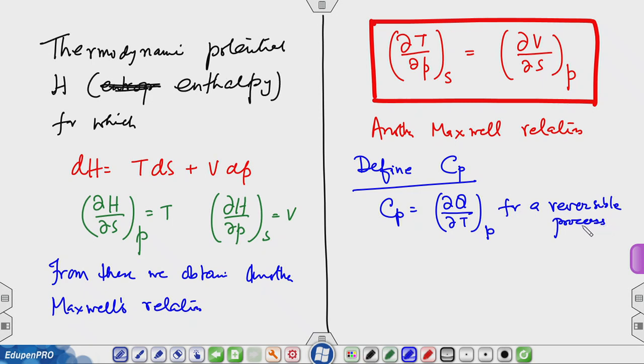And for a reversible process, dQ is TdS. So this is T dS over dT at constant pressure. And you can also see this is equal to dH over dT at constant pressure. So this is similar to how we define Cv in terms of dU dT at constant volume and T dS dT at constant volume.